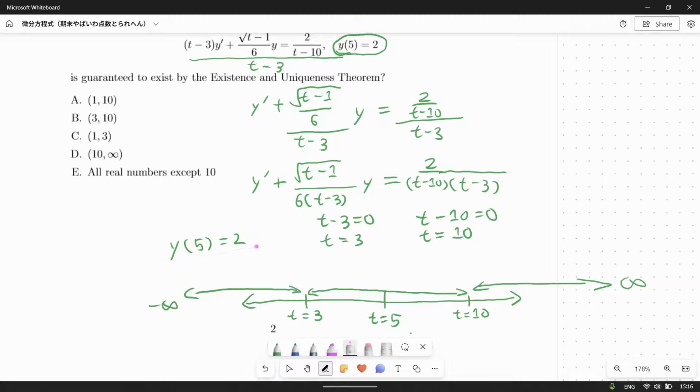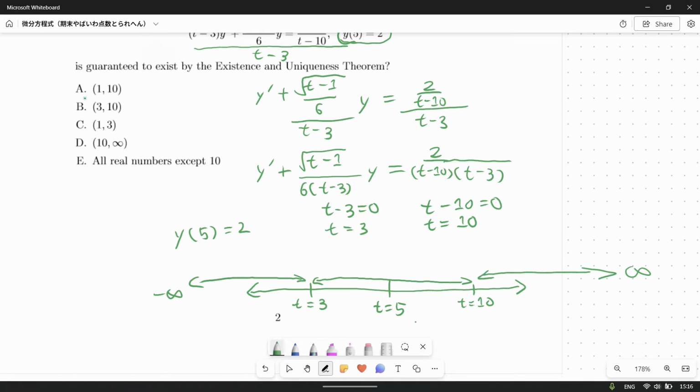But we know that the interval from 3 to 10 crosses over the initial condition given to us. And so as a result, that ends up being the largest open interval where a solution is guaranteed to exist. And so the answer to this question is going to be B.